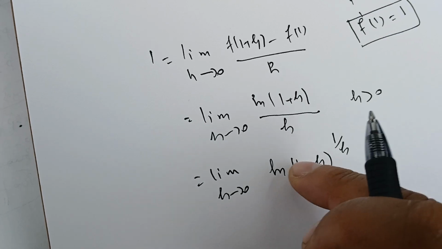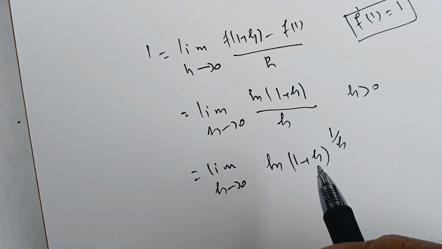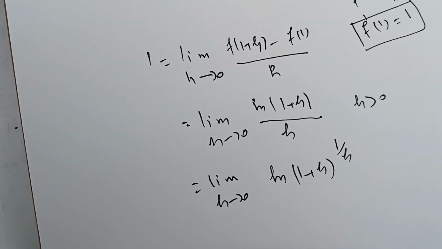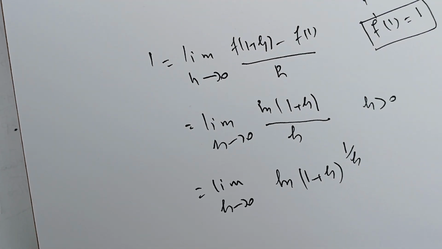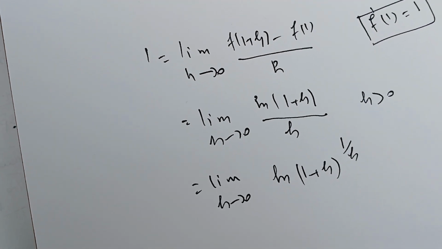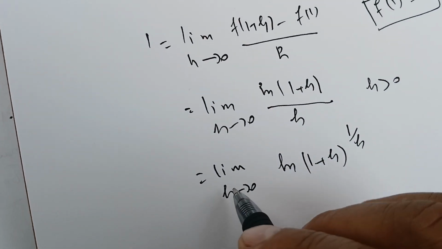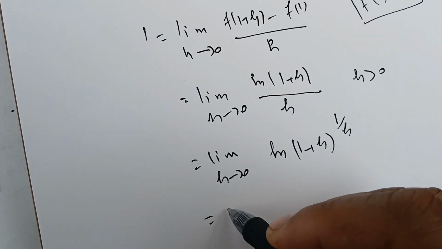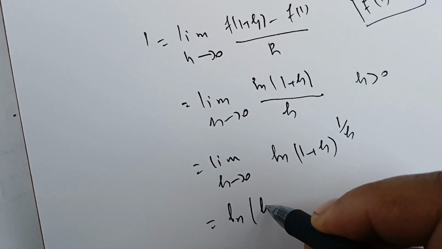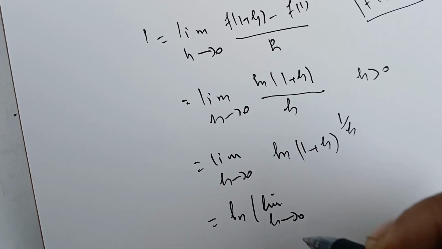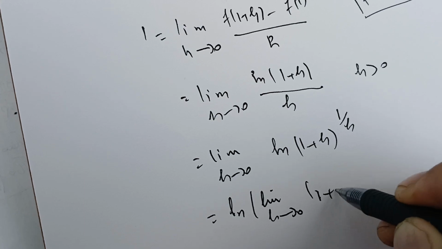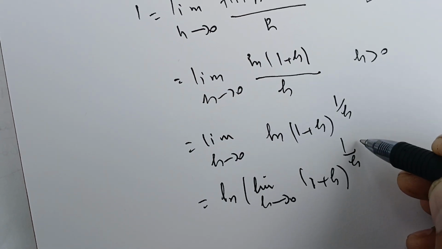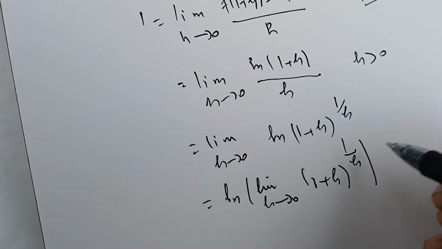Another thing is that this function is continuous. So we can do one more thing. We can enter the limit inside. So we're going to have the natural log of the limit as h goes to 0 of 1 plus h to the power 1 over h. We know that's 1.